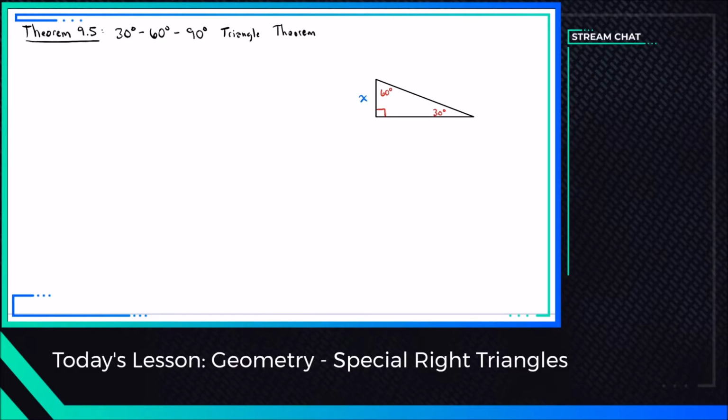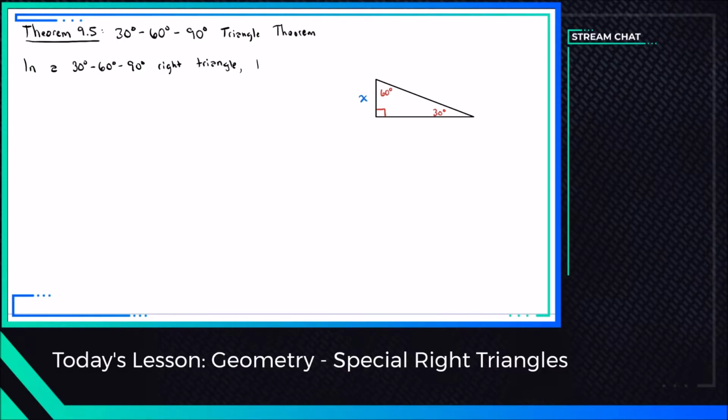And so in a 30, 60, 90 right triangle, we know that the following pieces of information are true.